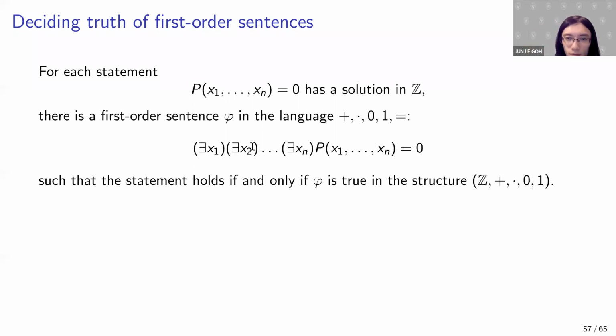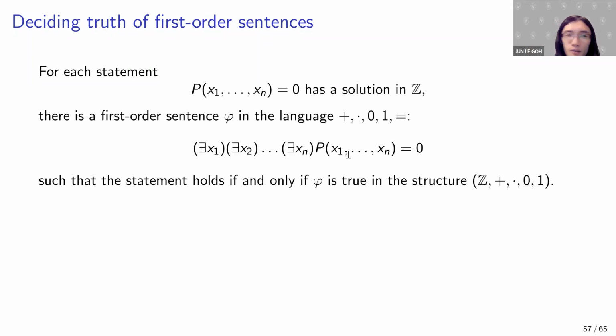And in order to say that there is a solution in Z, we can use existential quantifiers. So we say there exists x1, there exists x2, ... there exists xn, such that p of x1 to xn is 0. This can be written as a first order sentence in this language.